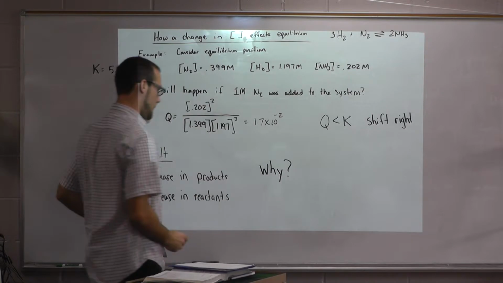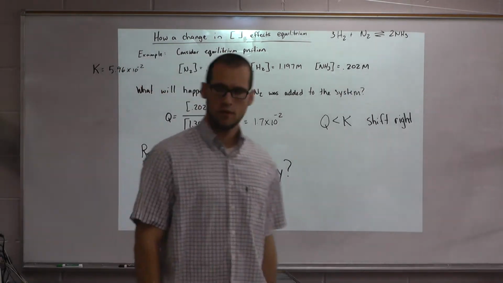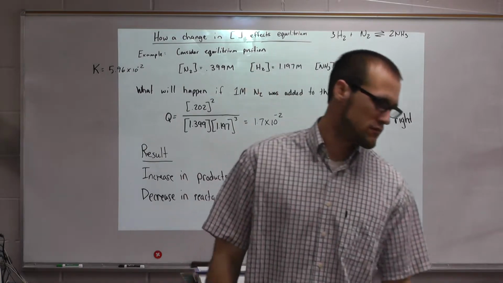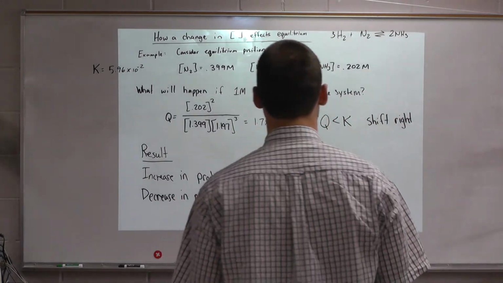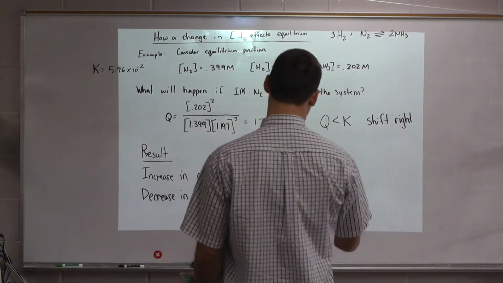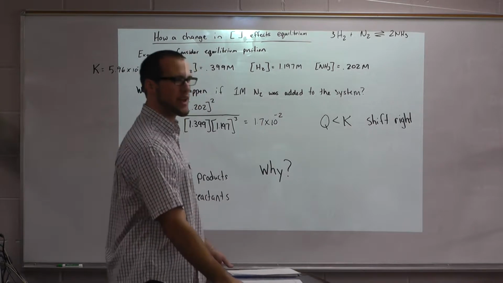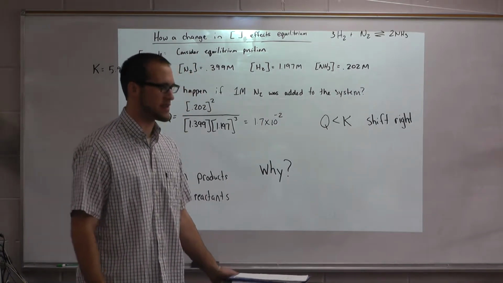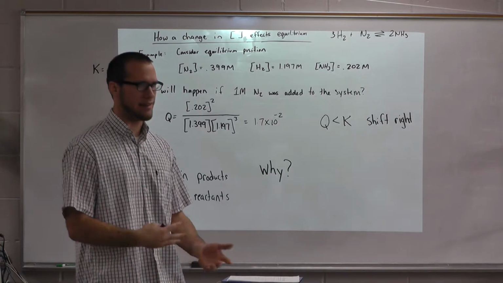Why? Well, I mean, Q is just a variable. Where's the why in just saying, oh, we know Q and how it relates to K, but what's the real reason behind this?